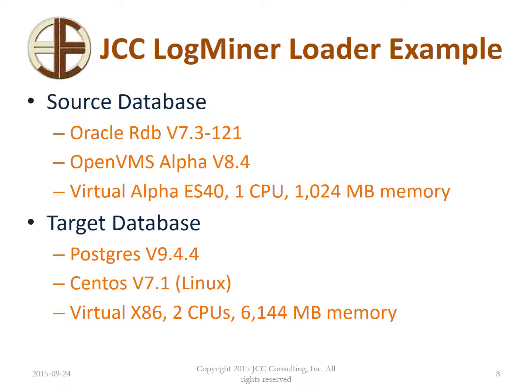The target system is a Postgres version 9.4.4 database running on CentOS version 7.1 Linux. This is running on a virtual x86 with 2 CPUs and about 6 gig of memory. The advantage of this configuration is that I can run both of these virtual machines on my laptop, and so can do testing in this environment any place I happen to be.